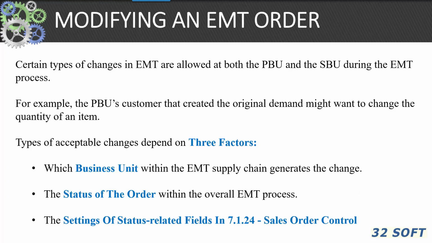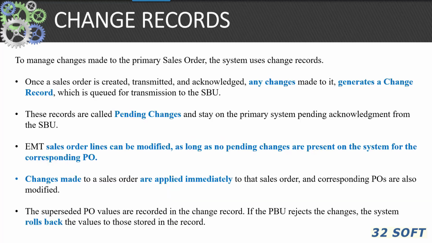Modifying orders. You can modify EMT orders within the system. There are some restrictions on that. Three factors are which business unit is going to affect the change, the status of the order within that EMT process, and then the status of those add/modify fields that we saw in 7.1.24.